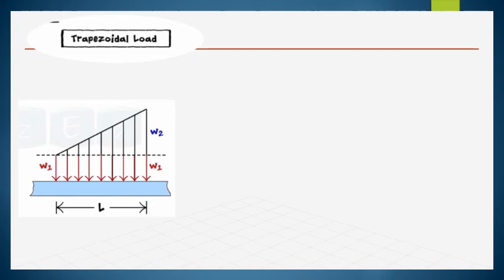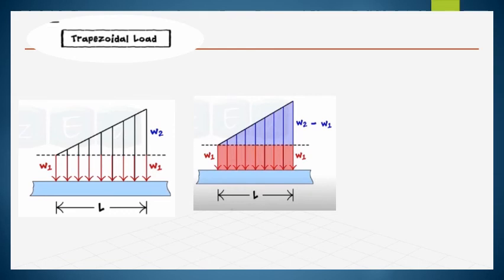It will form the UDL of intensity W1, and the other as the triangular loading with one end intensity 0, another end intensity, total intensity is W2. Out of that, we have taken the W1 for the rectangular loading. So the maximum intensity of the triangular loading is W2 minus W1. This is the intensity of the triangular loading.